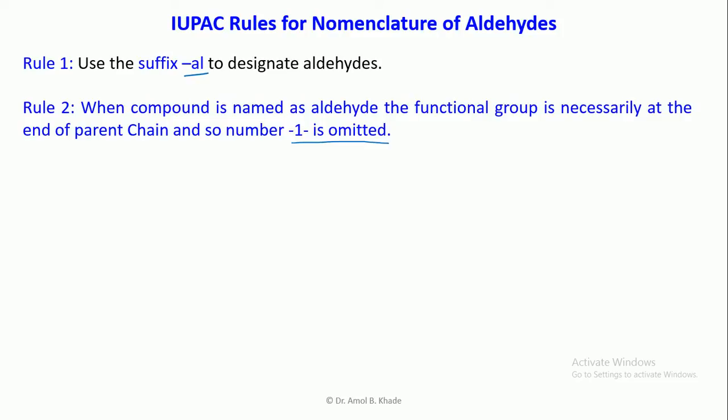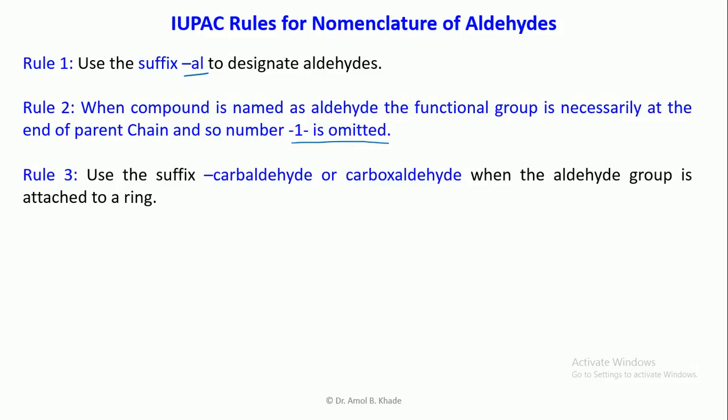If it is present at the end of the carbon chain, you need not mention the location of the aldehyde group. Rule number 3 says you have to use the suffix carbaldehyde or carboxaldehyde when the aldehyde group is attached to a ring system. This is again very important. You have to observe the structure.